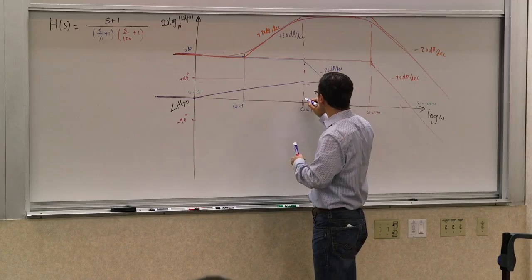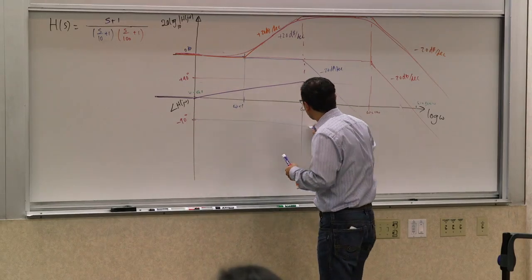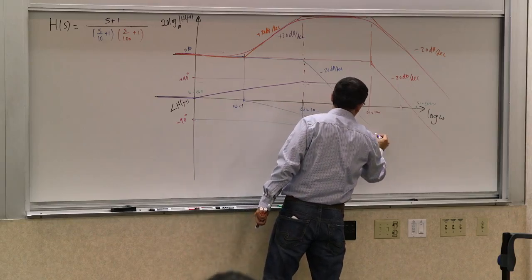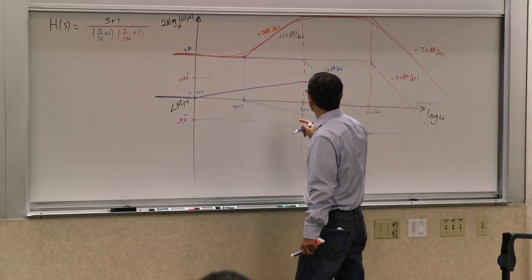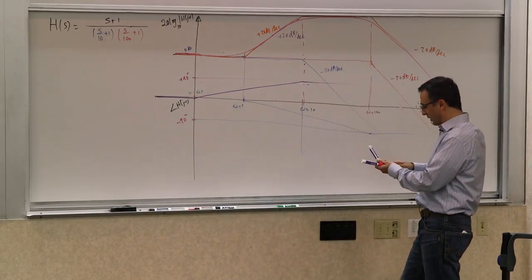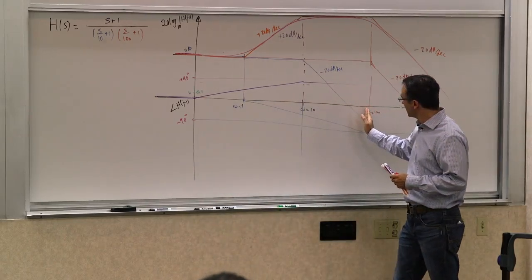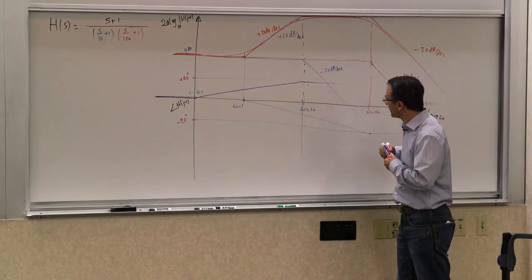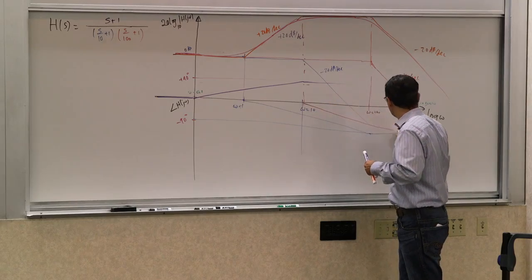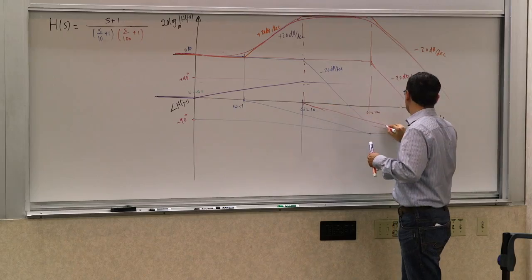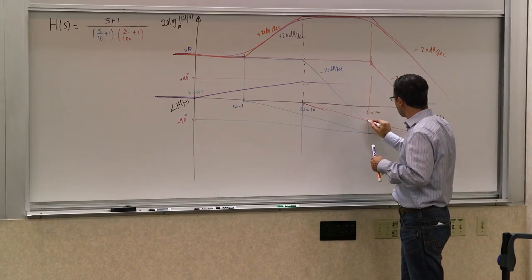The blue one starts a decade below to a decade above. It goes from 0 to negative 90. So it goes from here to there. And then you have also the red one. And the red one, again, starts from a decade below its cutoff frequency to a decade above its cutoff frequency. So it starts from here going to its own negative 45 and coming down.